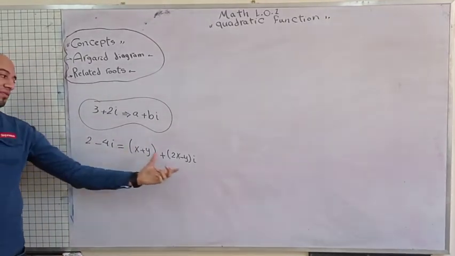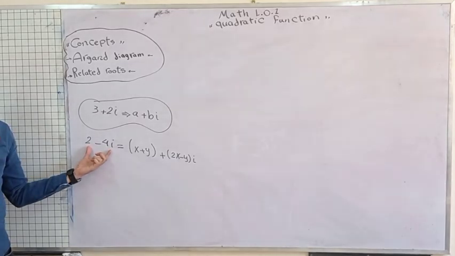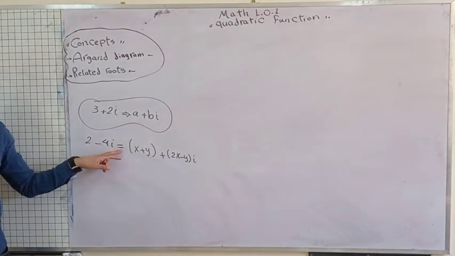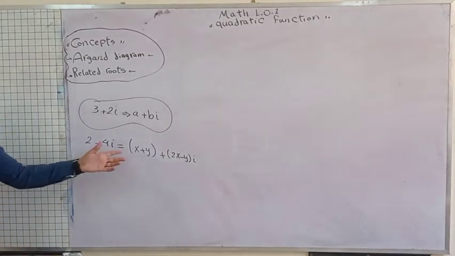This is an equation. This number is a complex number, and it is equal to the other value. How can we get x and y?